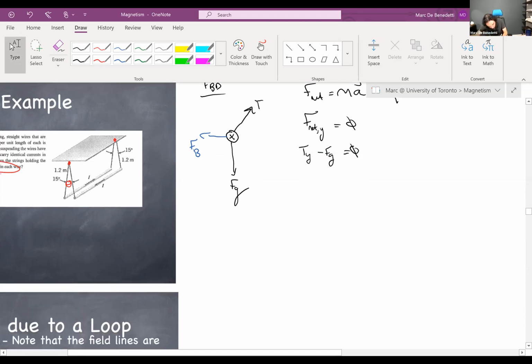And tension in the y direction, well, what do I have here? I have this angle. The angle it makes with the vertical is not 15. You'll notice in the diagram, 15 is the total angle between the two wires. So this angle here is actually theta over 2. It'll be 7.5 degrees.